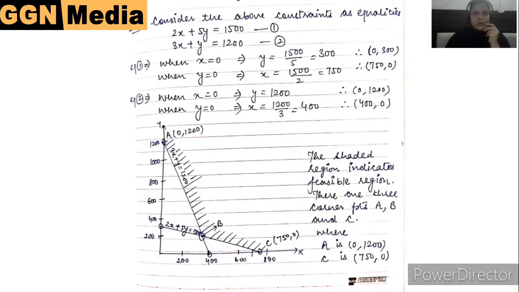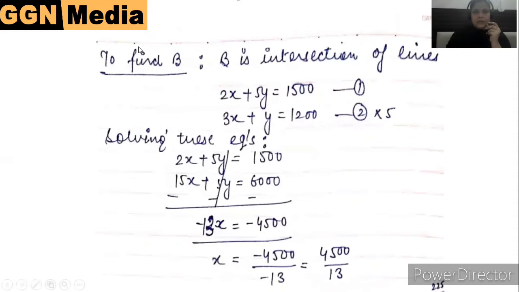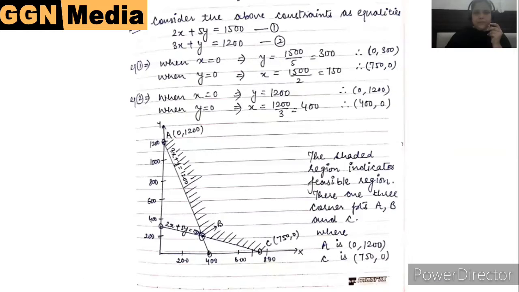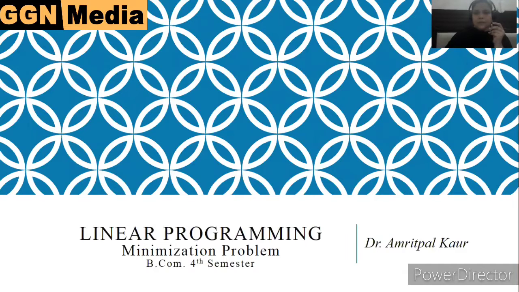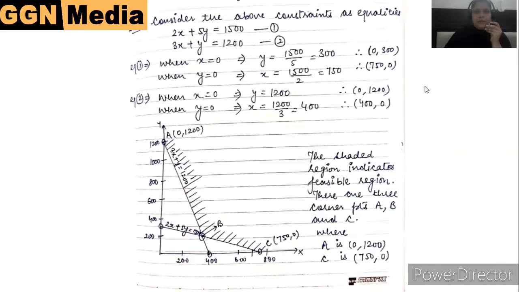When we solve equation 1, we first consider x is equals to 0, then value of y will become 1500 by 5, that is 300. When y is equals to 0, x is equals to 1500 by 2, that is 750. From this, we obtain the point 0 and 300, and the point 750 and 0.